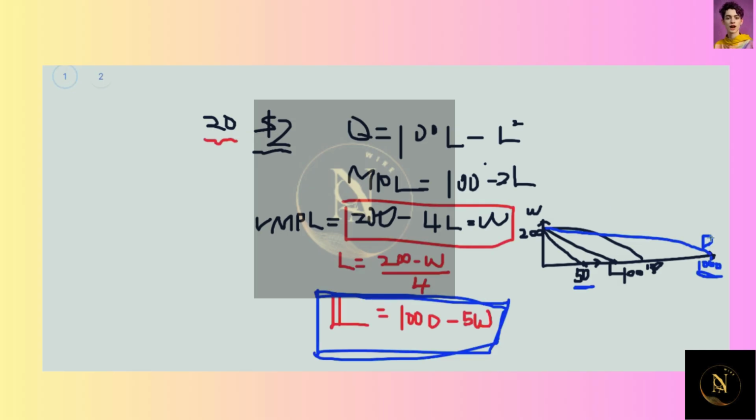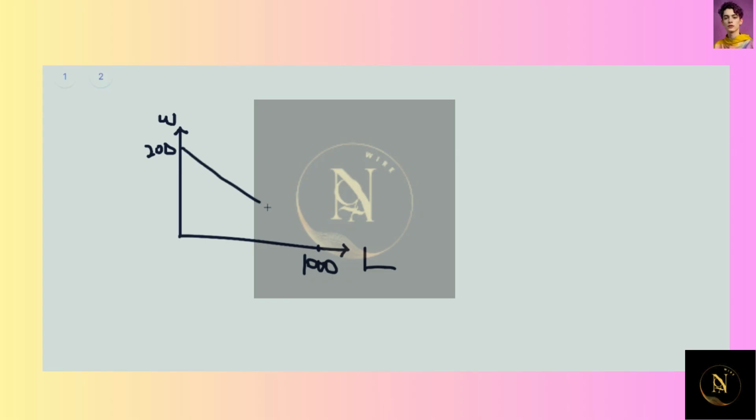So I'm drawing the blue line right here, but in a different scale. Okay, so this is the labor demand right here. And now question B tells us that we have an inelastic supply of 200 laborers. So it means that the supply curve is vertical, so S.